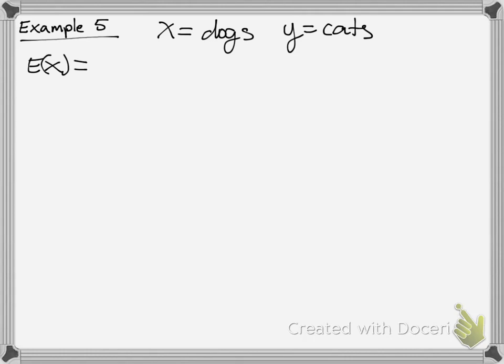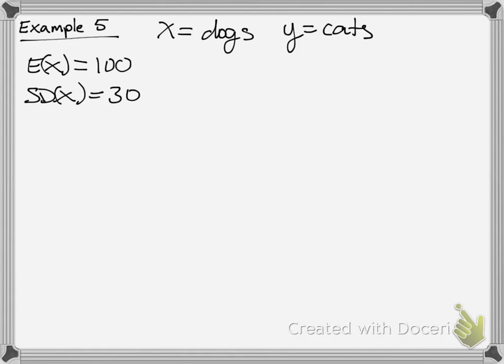Okay, so first we want to make sure that we label our random variables. So we're going to let X stand for dogs and Y stand for cats. We were given that dogs have an annual cost of medical care of $100 with a standard deviation of 30.